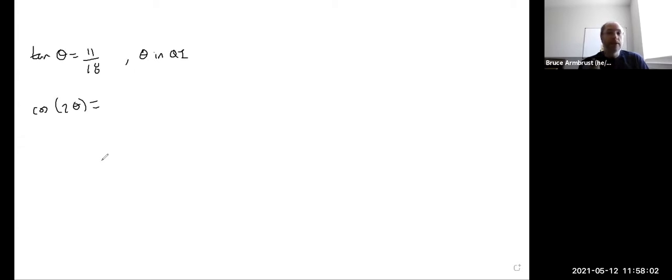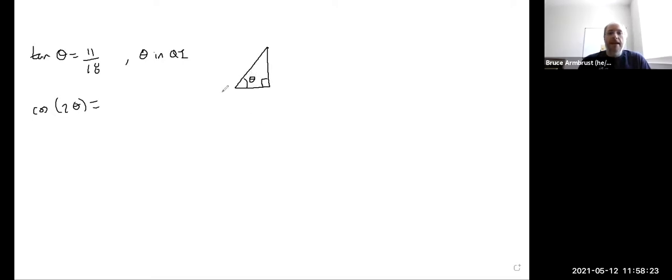Whichever one we pick, we're going to have to find something other than tangent. We need to find sine and/or cosine. So let's do this one with the right triangle, which is the other approach that we have for these.